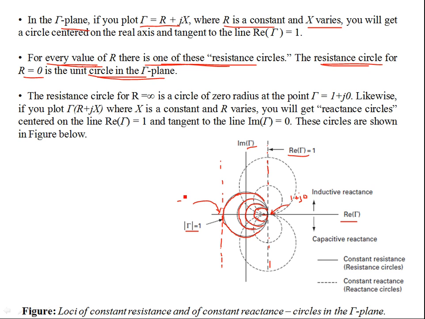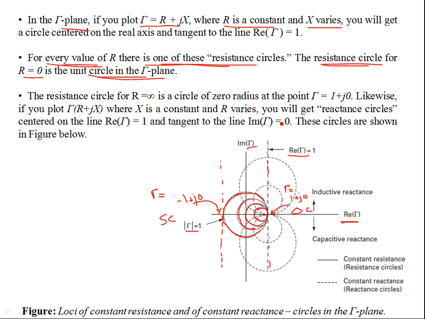The real part is -1, so this gamma is -1 plus j0, because we are on the real axis. So this implies short circuit conditions, and this implies open circuit conditions.